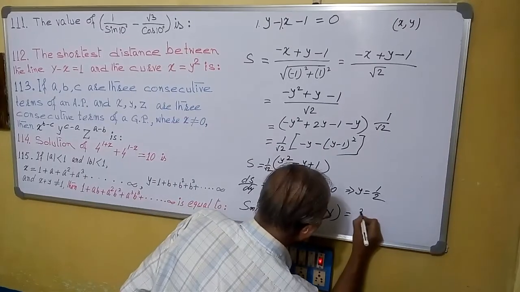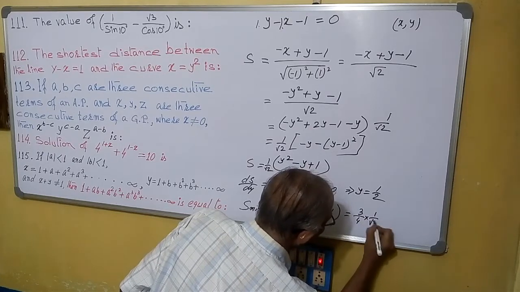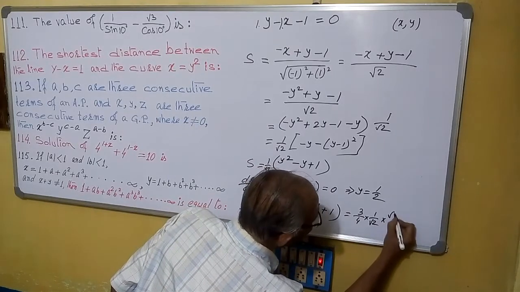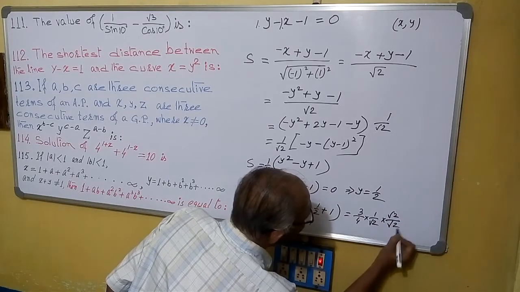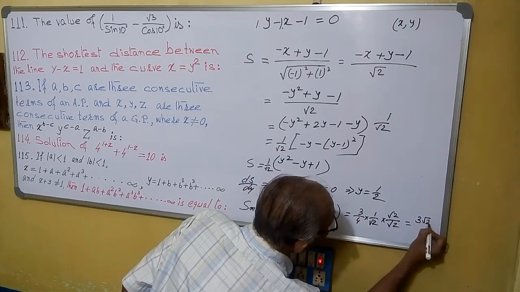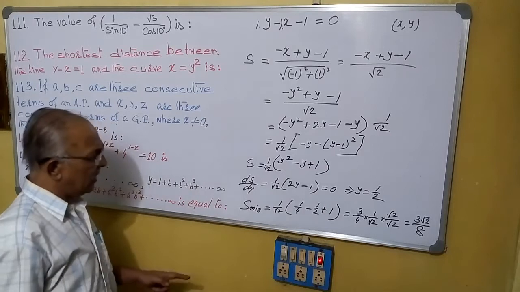So it is 3 by 4 into 1 by root 2. To remove root from the denominator, we can use root 2 by root 2, equals to 3 root 2 by 8. So this will be your distance.